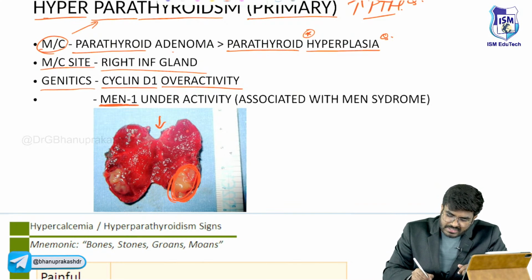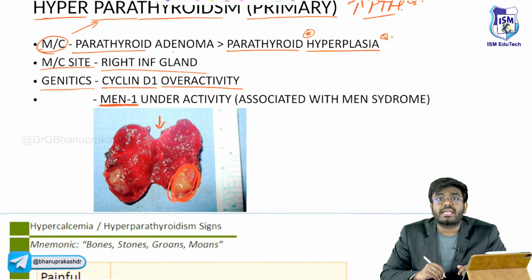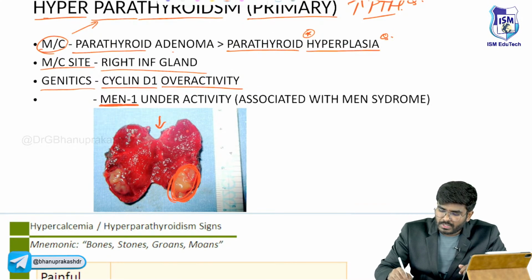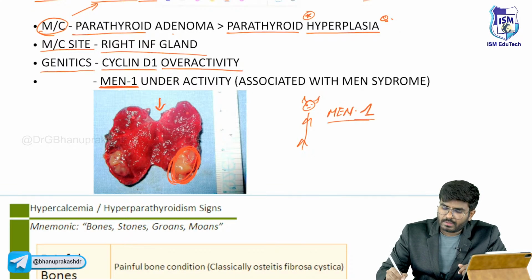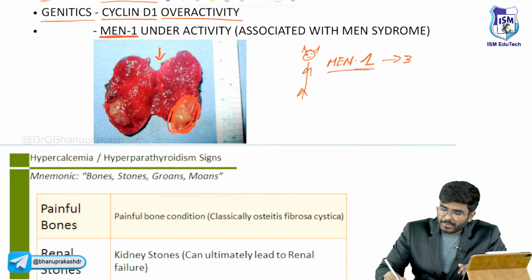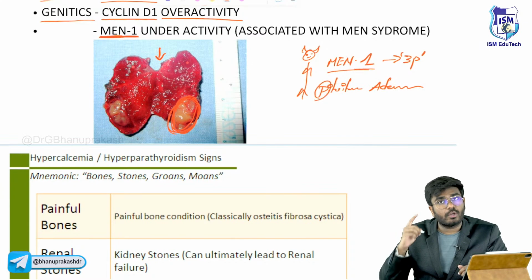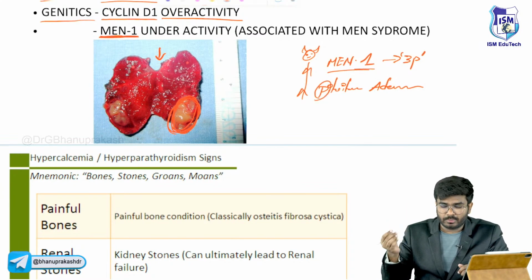Sir, in MEN 1 syndrome, multiple endocrine neoplasia type 1, imagine there is this one fellow who is having MEN 1. This patient is going to have 3P tumors. What are these 3P tumors? Pituitary adenomas, means one P for pituitary gland tumors.